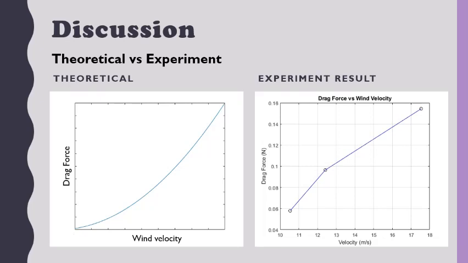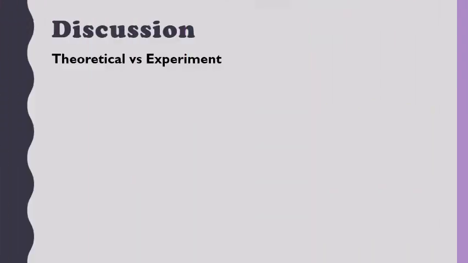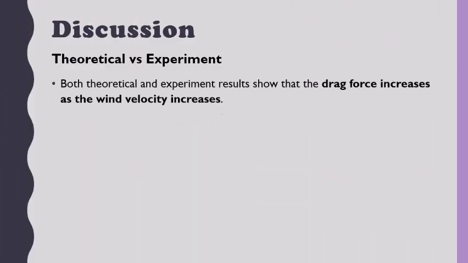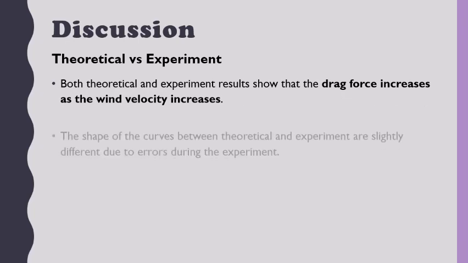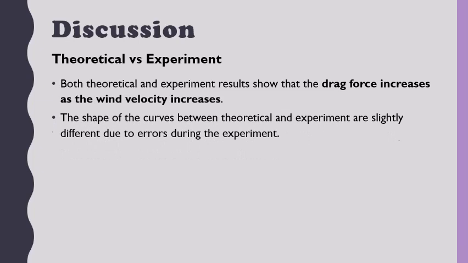However, the trend is slightly different. As I mentioned before, both theoretical and experiment results show that the drag force increases as the wind velocity increases. However, the shape of the curves between theoretical and experiment are slightly different due to errors during the experiment.